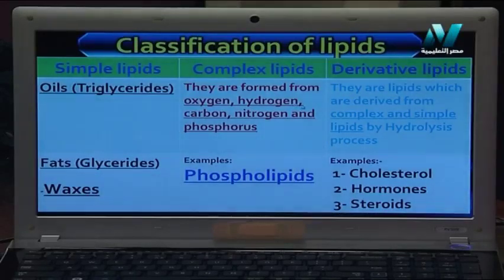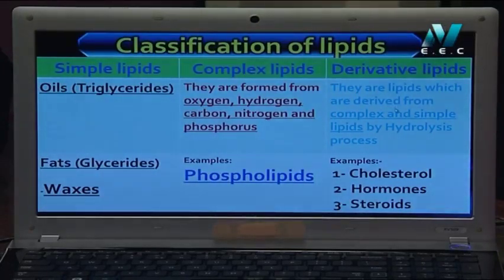So complex lipids contain oxygen, hydrogen, carbon, nitrogen, and phosphorus. An example of this is phospholipids. I know this is a new expression to you. I will discuss after a few minutes what is meant by phospholipids, and I will explain it in more detail. What about derivative lipids?